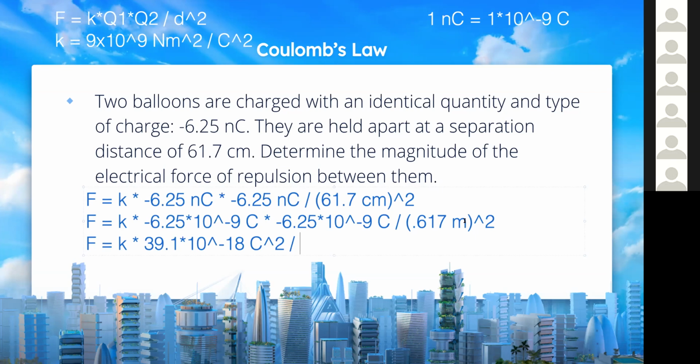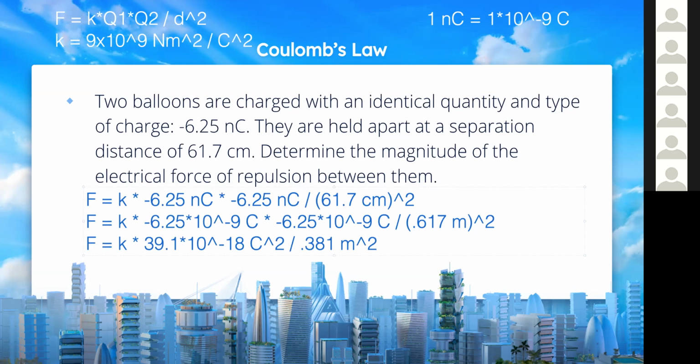What does that equal? Beautiful. 0.381 meters squared.